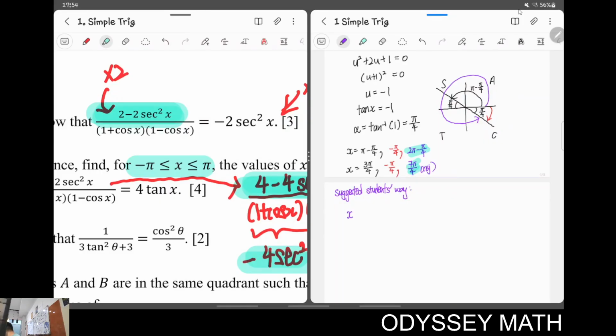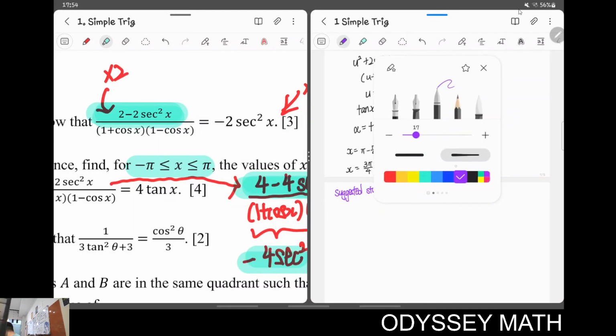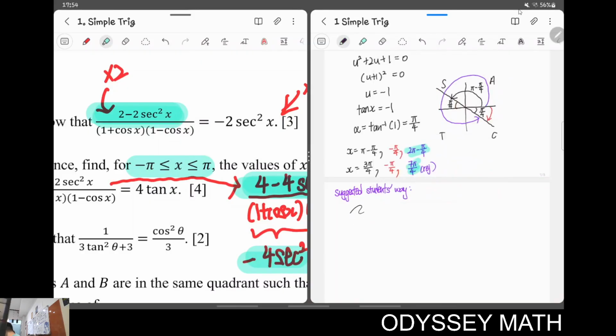So for the suggested student way, I want you to find the first two angles normally. I'm just going to give an alternative. So you will do the standard way. You'll find the two positive angles. So we have the quadrant, in the second quadrant pi over 4, and in the fourth quadrant pi over 4.